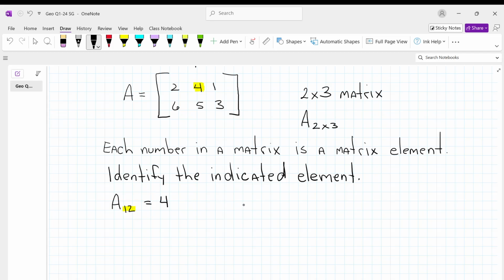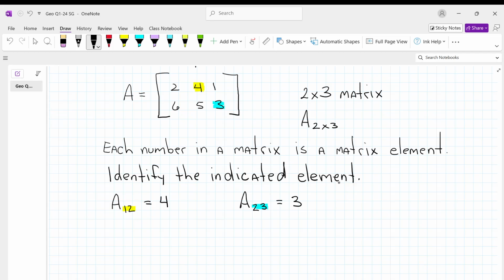If you are asked to identify element 2, 3, that's going to be in row 2, column 3. Again, the rows are horizontal. So row 2, column 3, that element is a 3. Everybody see that?